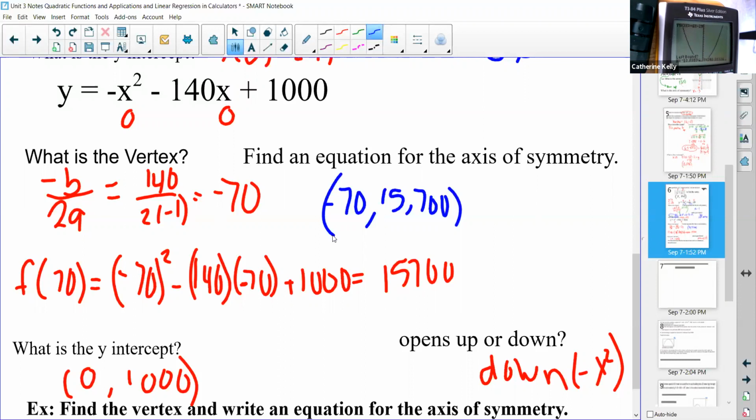My left bound on my X is negative 100, and my right bound is 100. I have to go at least to 70. Oh, look at that. Oh, my calculations are off.